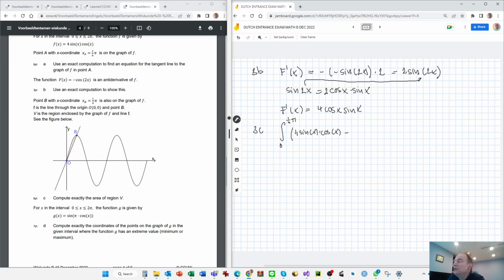Actually, yeah, I should first find out what this line is here. And for that I need to know the y-coordinate of B. And actually this is what I call a direct relation. The y-intercept of this line is 0. So it's pretty easy to find that.